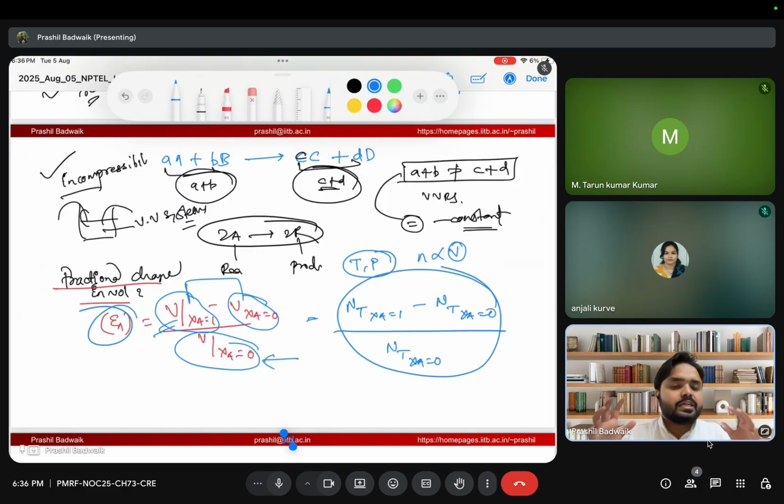Most important thing that you should keep in mind, it is always defined for limiting reactant. This we have covered, how to calculate limiting reactant.